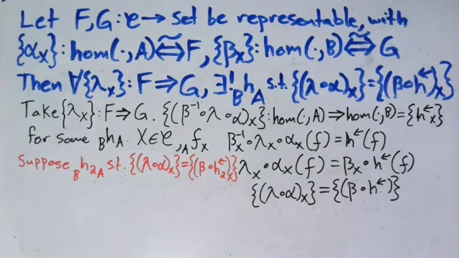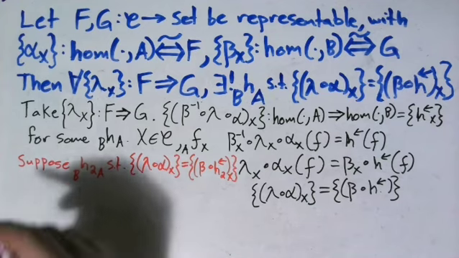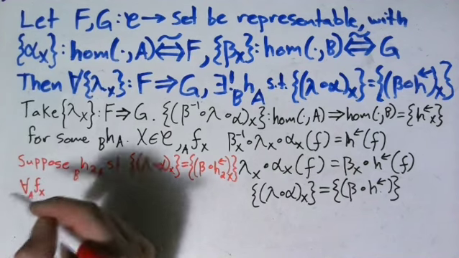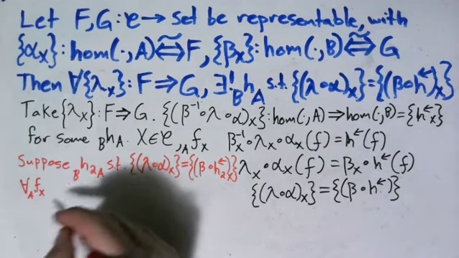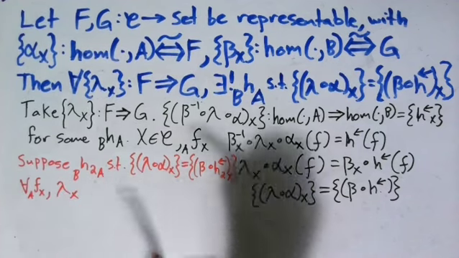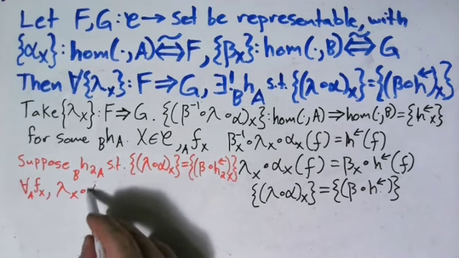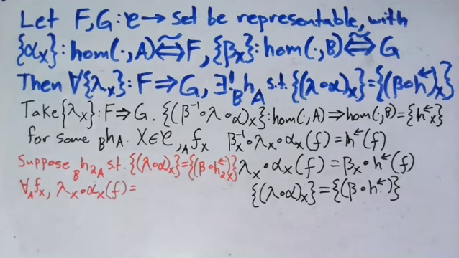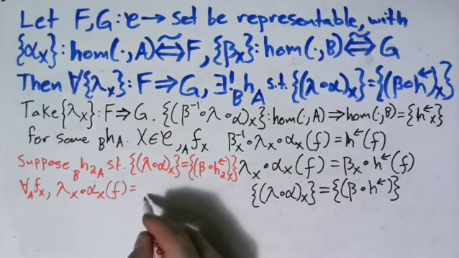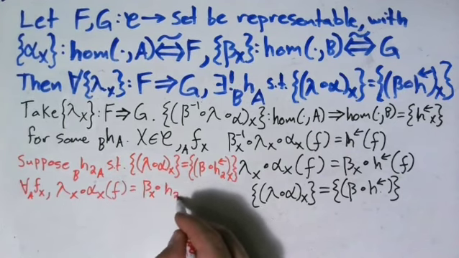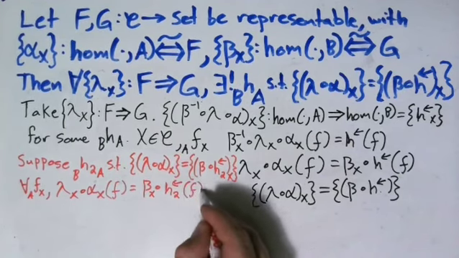So we know that if this is the case, then for any f going from x into A, we have to have lambda x, just applying this, after alpha x of f is going to be equal to beta x after "followed by h2" of f.